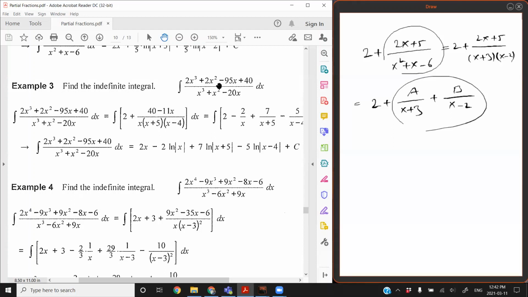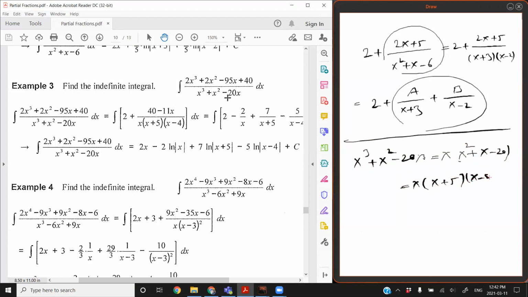After you do the long division for this one, you're going to get 2 plus, this would be your remainder, 40 minus 11x over, first you factor out, you have x to the power of 3 plus x squared minus 20x. You can factor out x, you get x squared plus x minus 20. Then you factor more, you get x plus 5 and x minus 4.